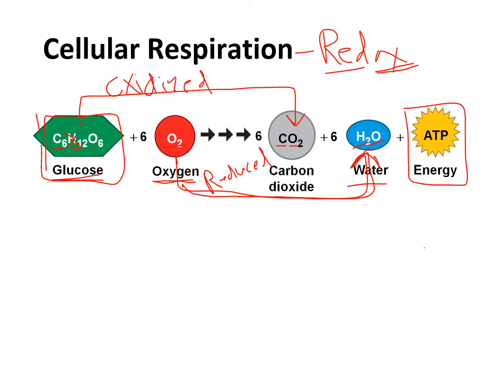The process of cellular respiration involves many steps, because this energy is going to be released in very small increments. So glucose is going to be broken down a little bit at a time, releasing that energy a little bit at a time. That's important because it allows the cell to control the amount of energy that is released and to be able to use that energy for work in the cell.